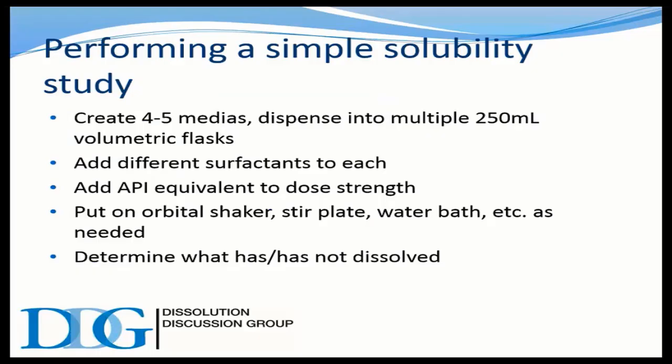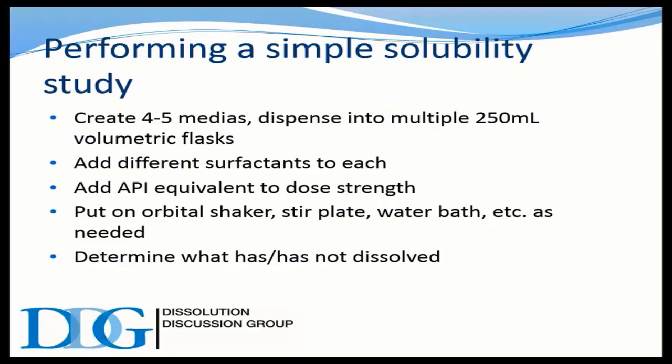So when we perform these studies, you're going to create 4 or 5 different media depending on the issue. Again, we're suggesting 250, although there's no, that's basically because of the BCS, as Vivian had mentioned.